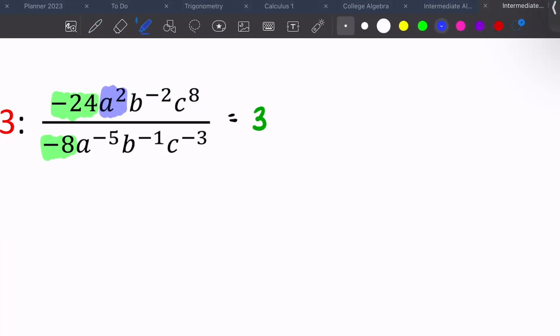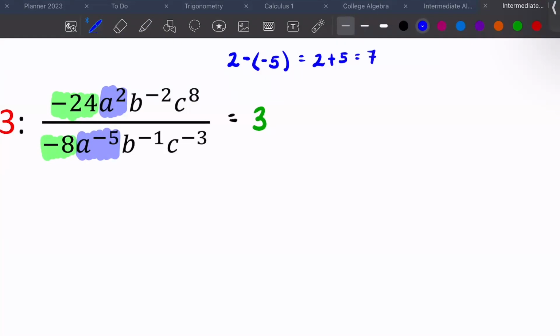A to the second, a to the -5th. So we're saying 2 minus -5, which is 2 plus 5, which is 7, right? So we have a to the 7th.